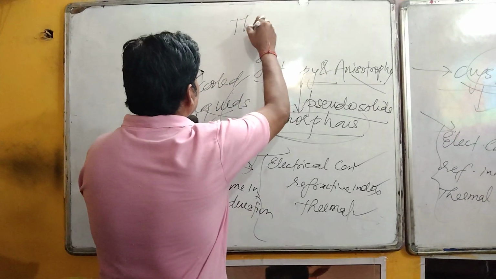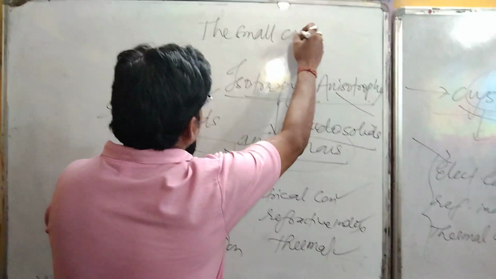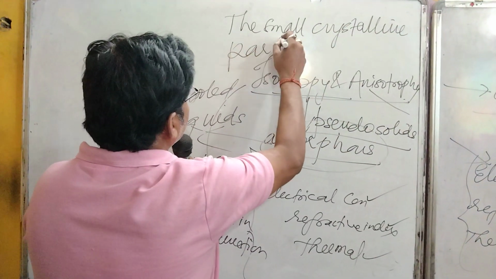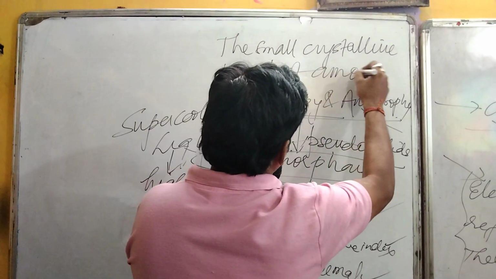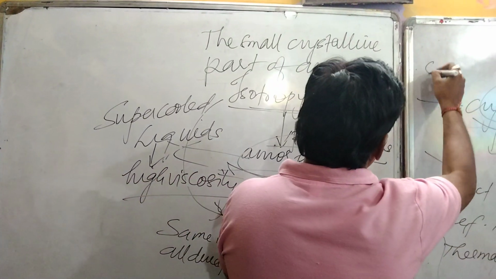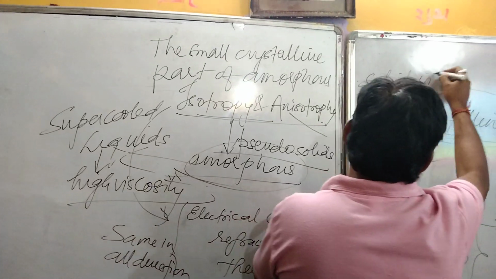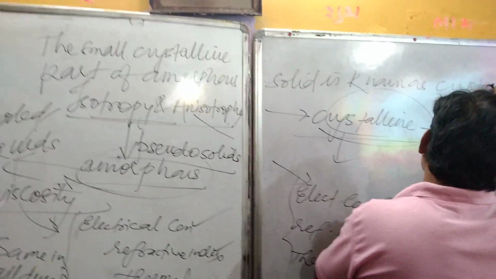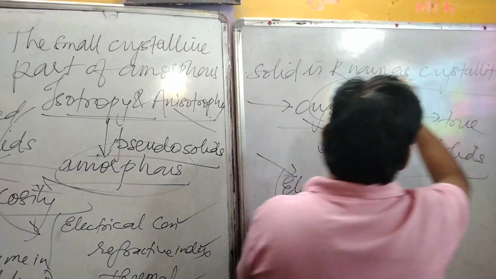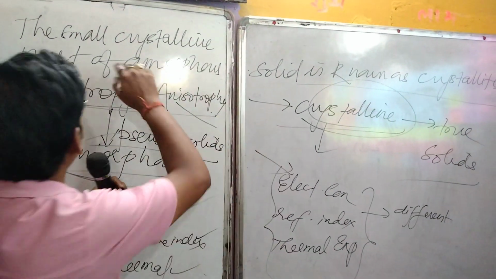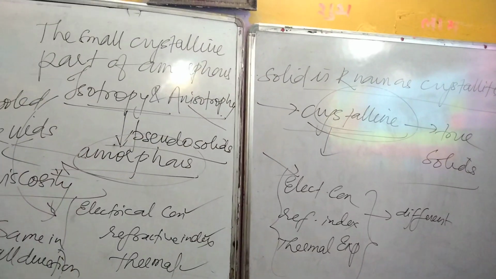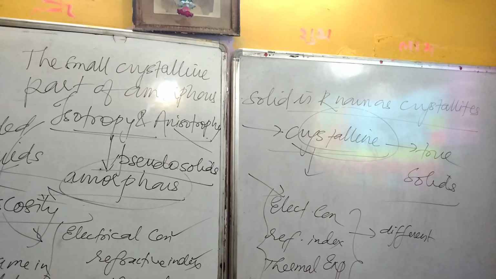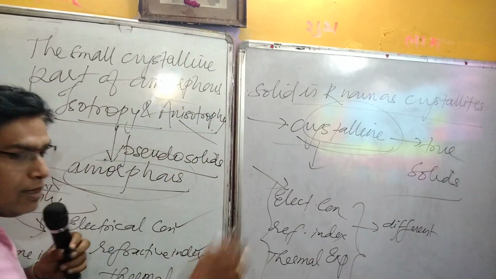The small crystalline part of an amorphous solid is known as crystallites. This is commonly known as crystallites, the crystalline part of the amorphous solid.